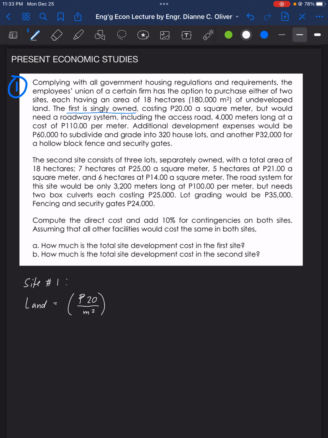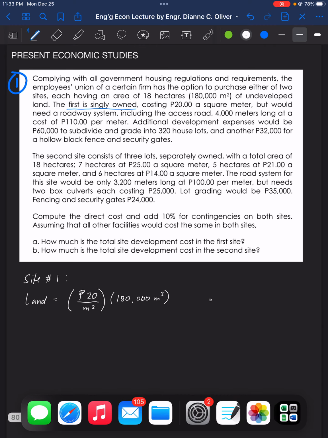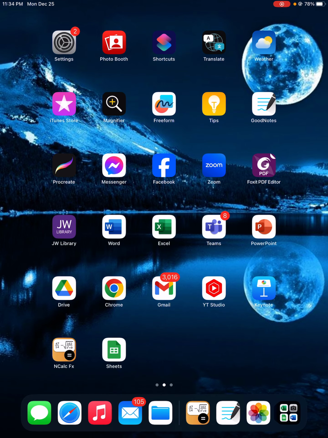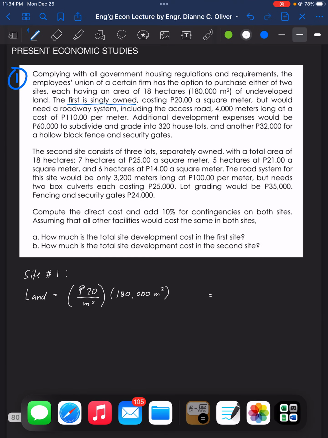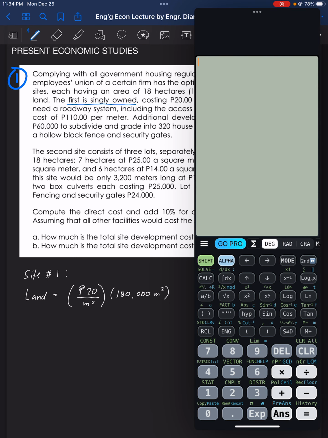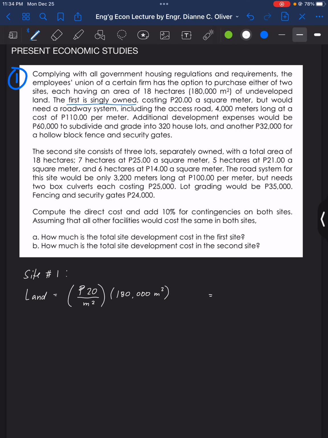That is a total of 180,000 square meters. So that is equal to 20 times 180,000, and that is 3,600,000.